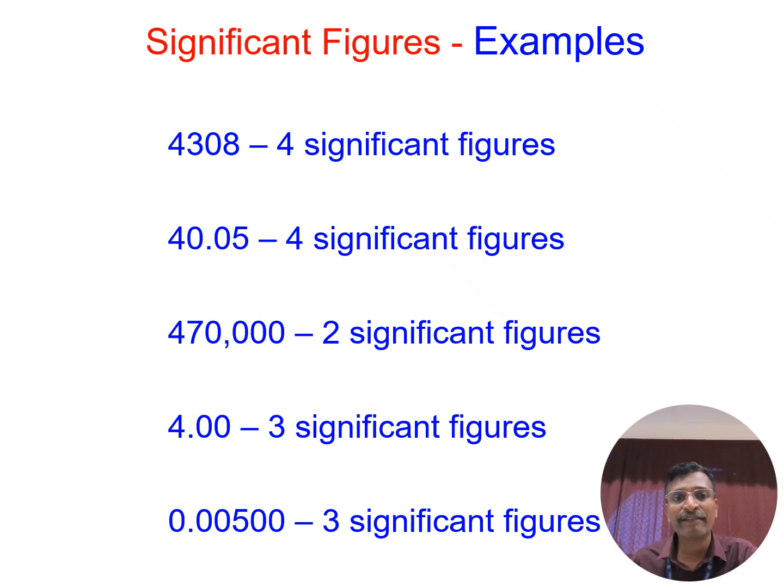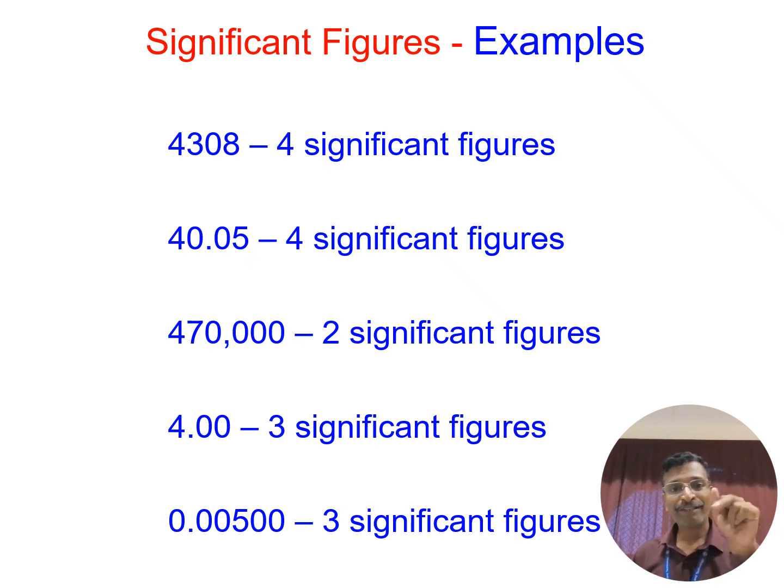So look at the figure 4308. 4 digits are there, 4 significant figures, all are. If you look at 40.05, the zeros are between digits, so they should be considered as significant figures. And then 4,70,000. Trailing zeros, but there is no decimal, so the zeros will not be considered. So 2 significant figures.